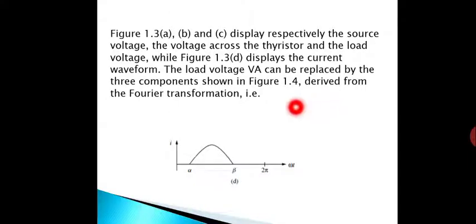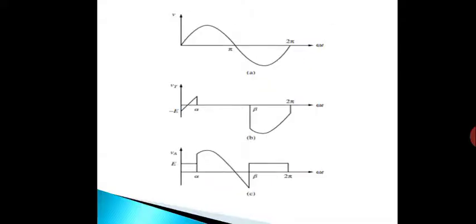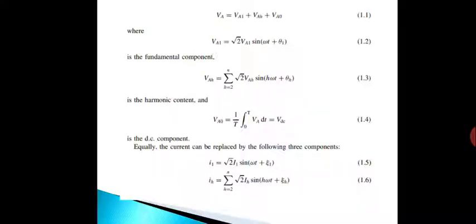So the load voltage VA can be replaced by the three components as shown in figure 1.4, derived from the Fourier transformation. That is, VA can be replaced by the fundamental frequency component, the harmonic component, and the DC component. So VA is equal to VA1 plus VAH plus VA0. This is derived from the Fourier transformation. VA1 is the fundamental frequency, VA0 is the DC component, that is constant, and VAH is the harmonic frequency.